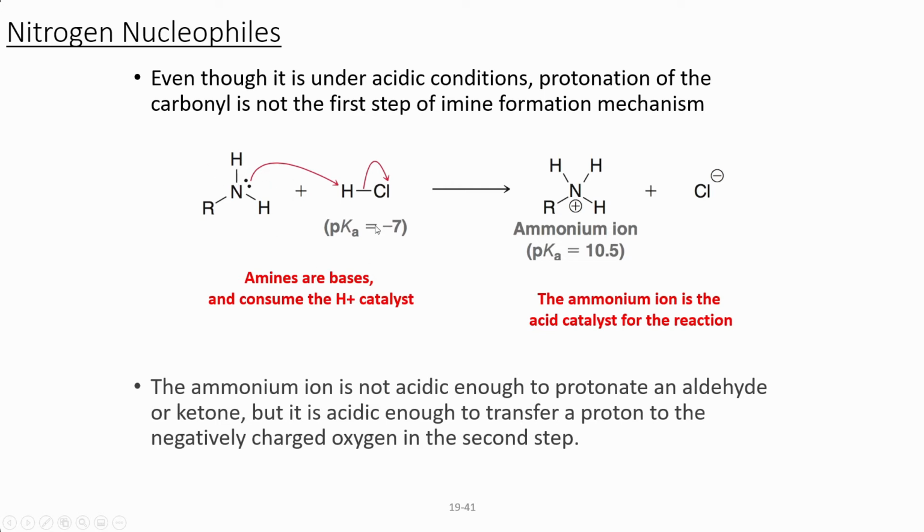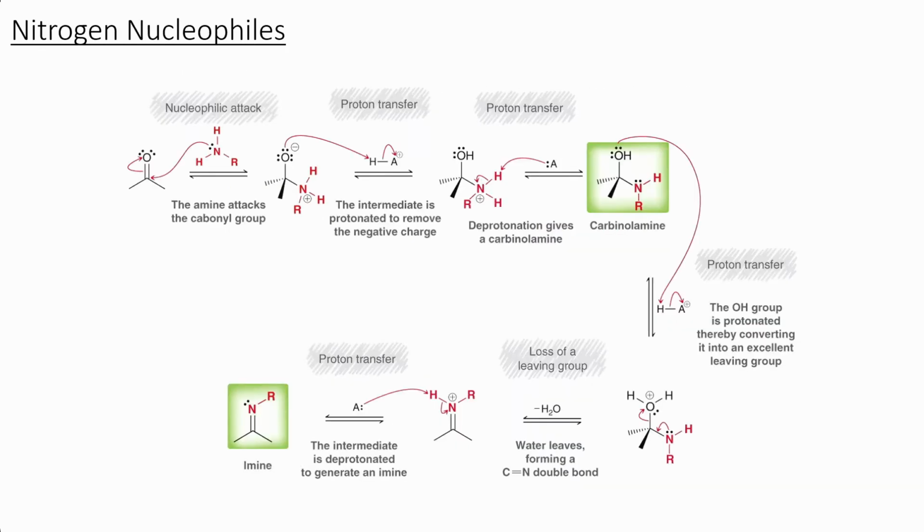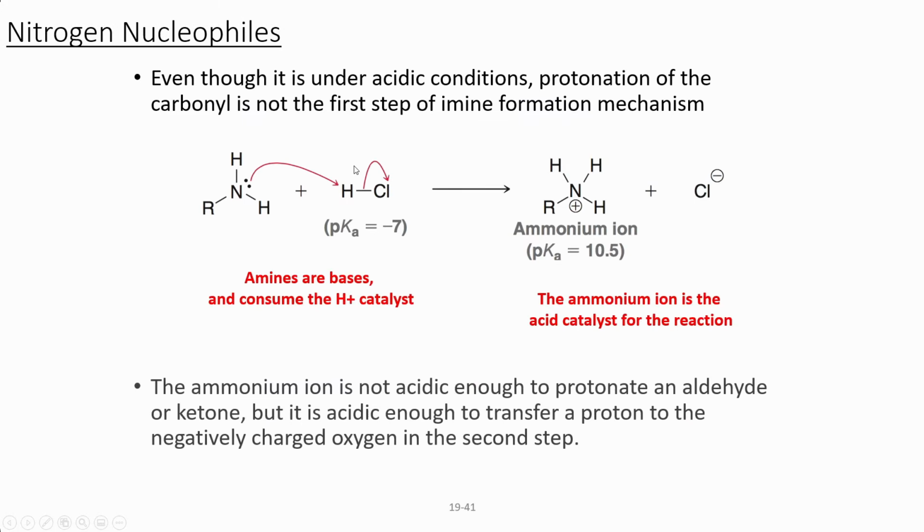So amines are bases, and they will consume the proton catalyst, and then our ammonium ion will act as a catalyst for the rest of the reaction. And the ammonium ion with the pKa of 10.5 is not quite acidic enough to protonate the aldehyde or ketone oxygen, but it is acidic enough to do the proton transfer step in this second step here.